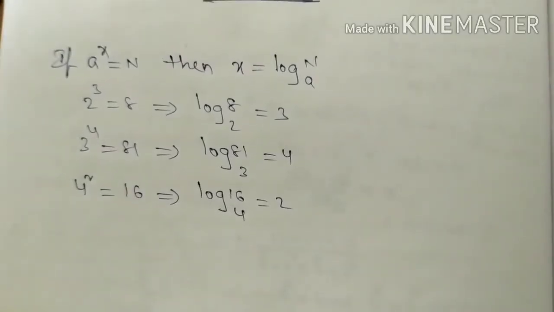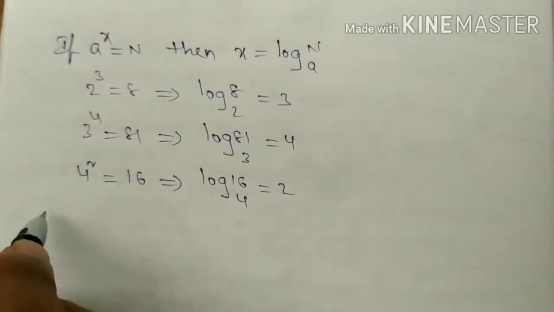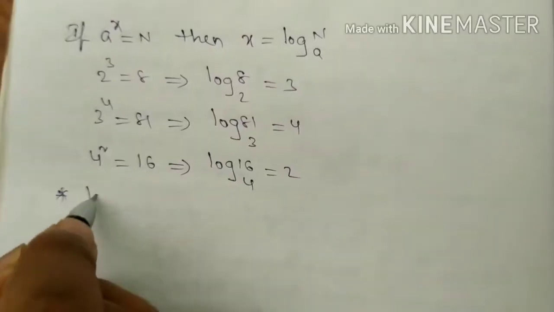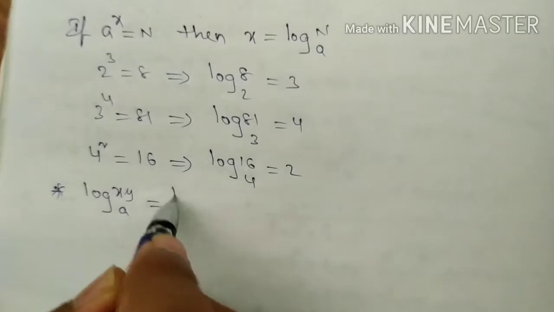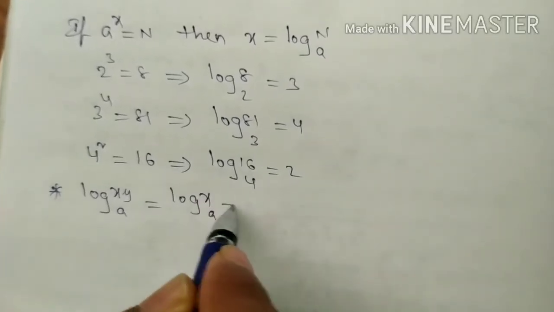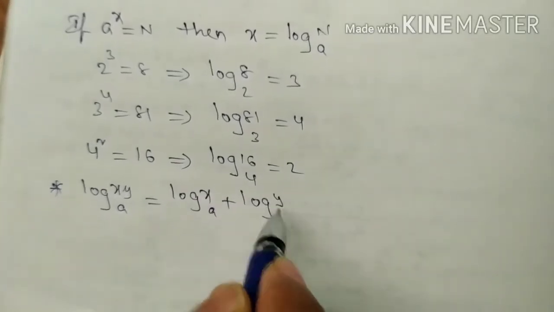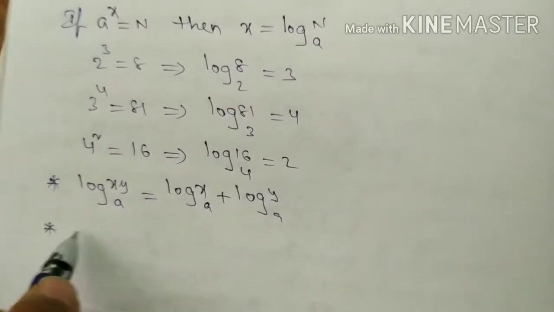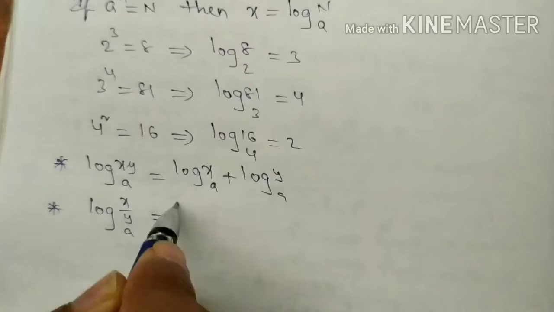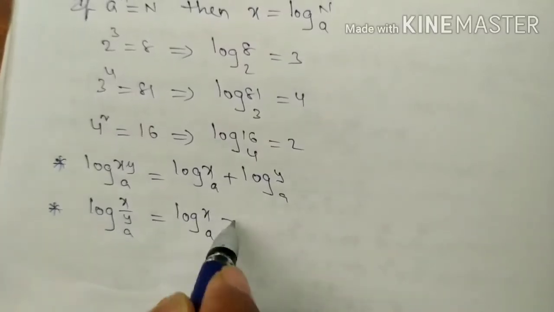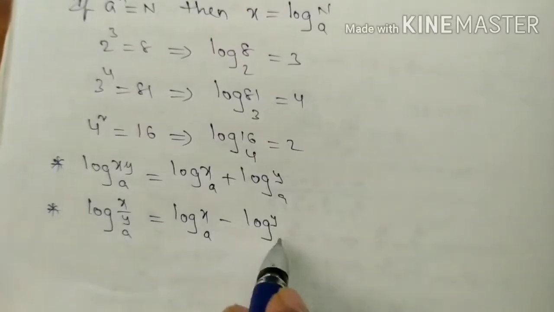So in logarithms we have some important formulas. Log xy to the base a is written as log x to the base a plus log y to the base a. Next, log x by y to the base a is written as log x to the base a minus log y to the base a.